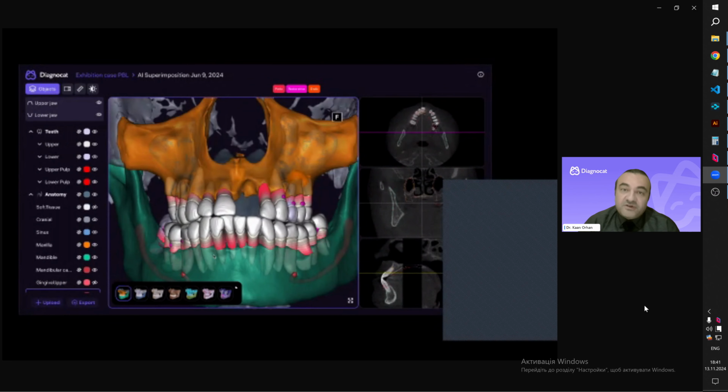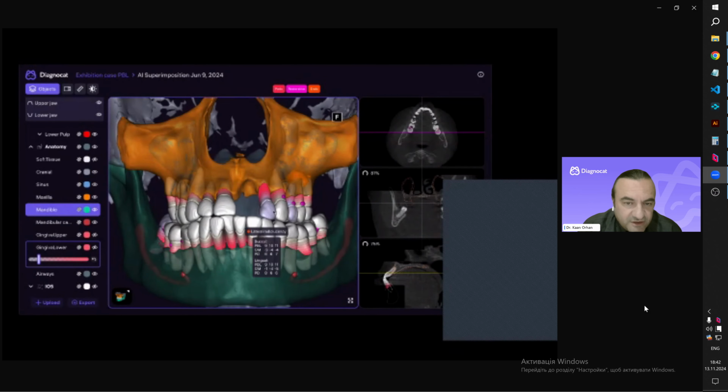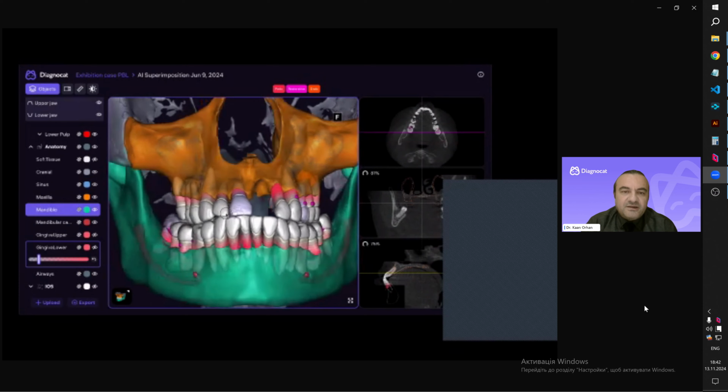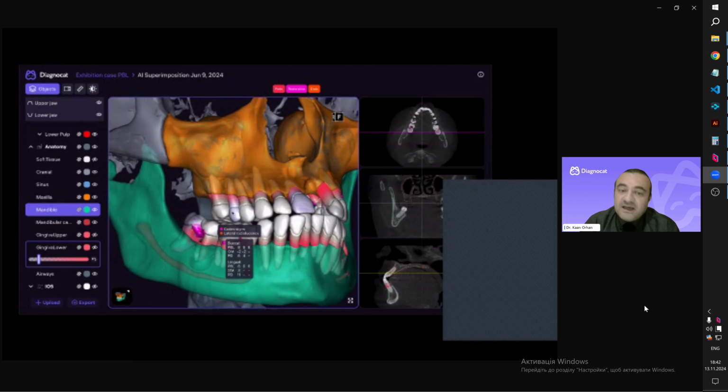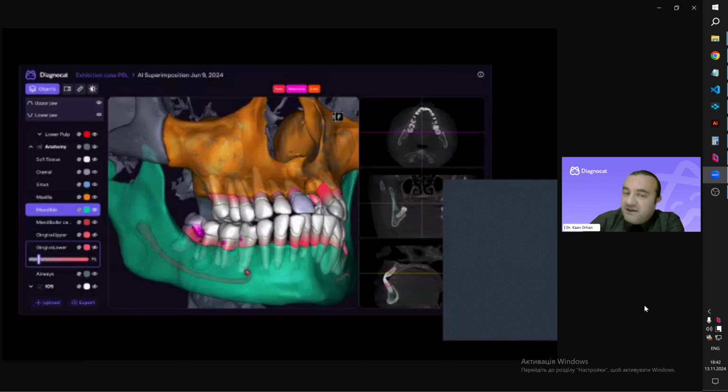And if you click on the perio, you can also calculate automatically the periodontal defects, and the measurements can be given by the DiagnoCat automatically.